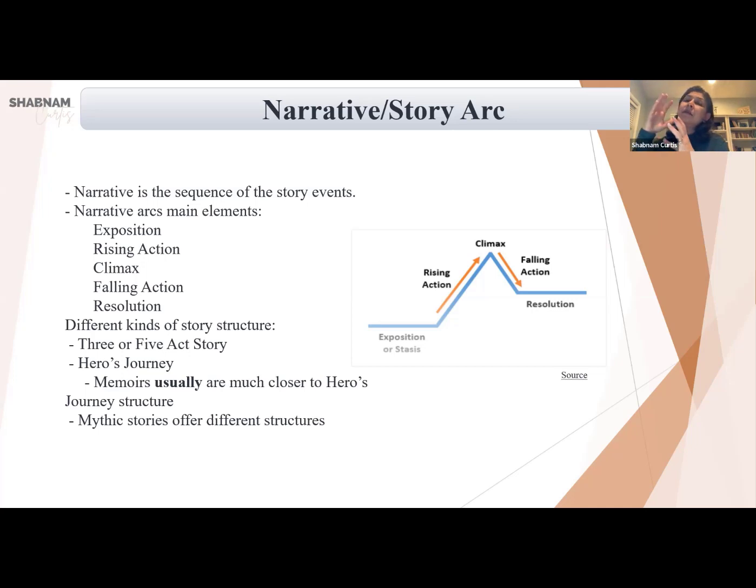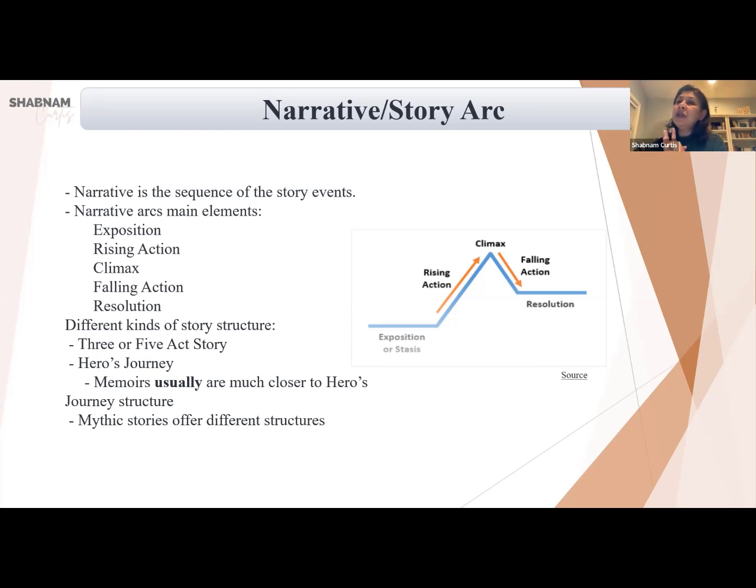The hero's journey normally has 12 steps: where the protagonist was, and then what happened, and how the protagonist responded to the calling that came in, and then what the protagonist did with it, and how the protagonist came back to normal life, and what the impact of it was. Now, there is one major criticism of it. Many of us writing a memoir, our stories are not necessarily a Western story.